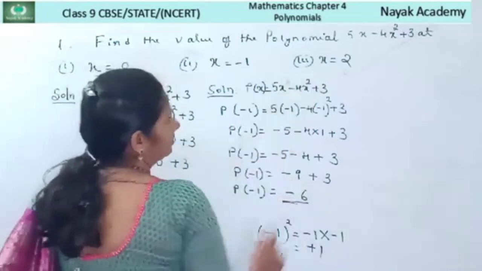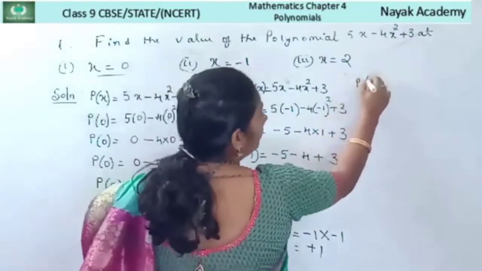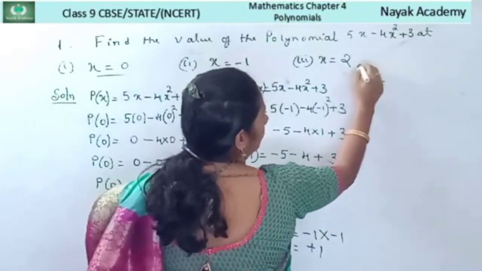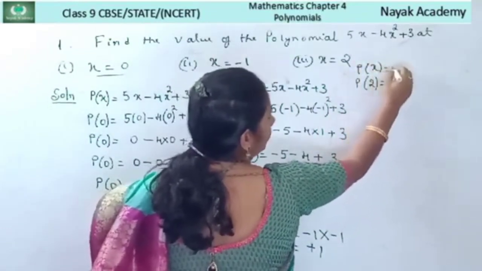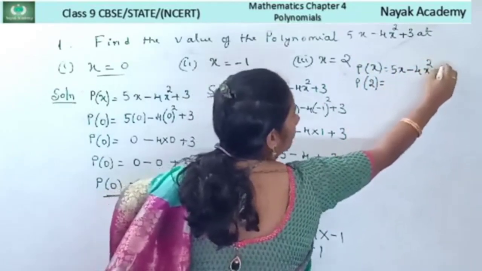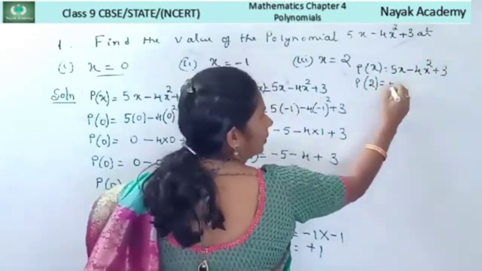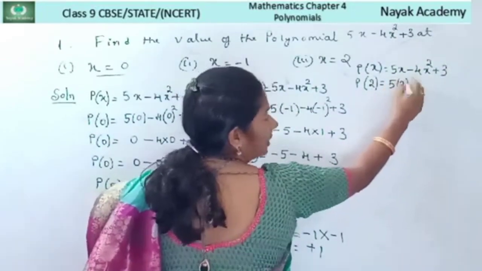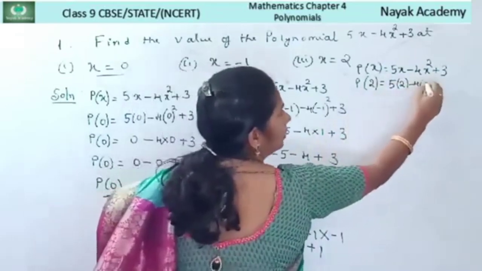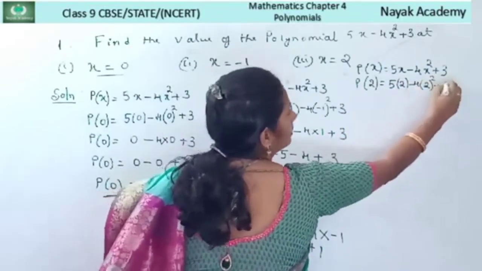Coming to the third problem. p of 2 value you have to find out. So what is the given polynomial? p of x is equal to 5x minus 4x square plus 3. So p of 2 value is 5 into 2. In place of x you have to substitute the value 2, minus 4 into 2 square plus 3.